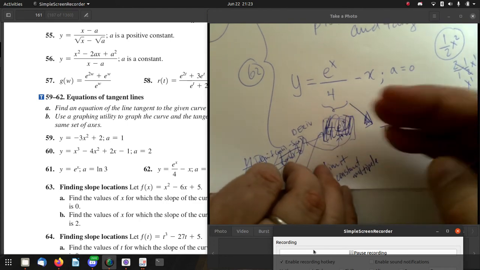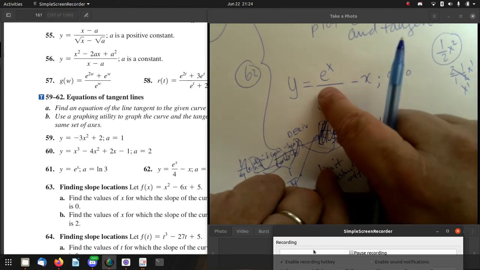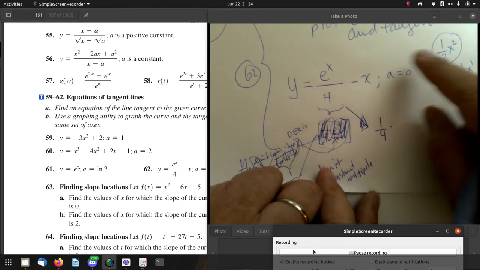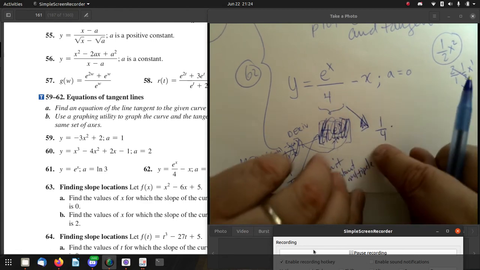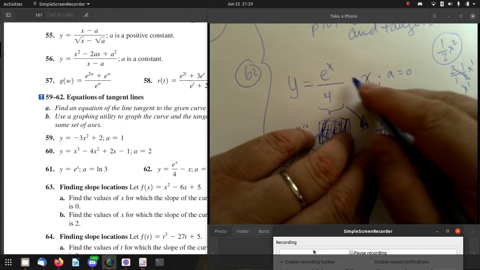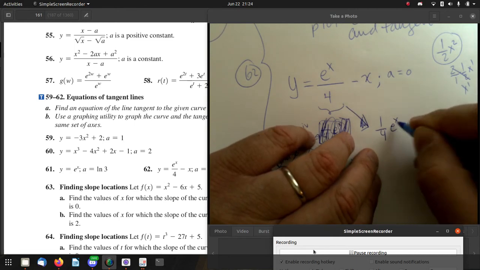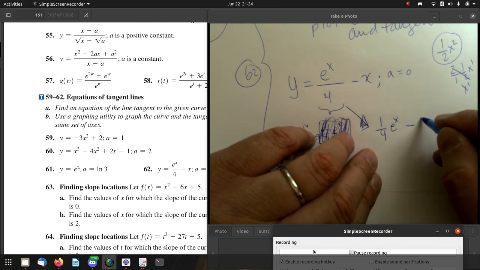So hence I brought it up, and I'm reminding you that in both cases, when there's a multiplicative constant, 1/4 times this stuff, 1/2 times that stuff, because of the multiplicative constant rule for limits, that just goes to the front. The derivative of e to the x is e to the x, so we literally have the same thing down here. I just wrote it a little differently. And then this is minus 1.